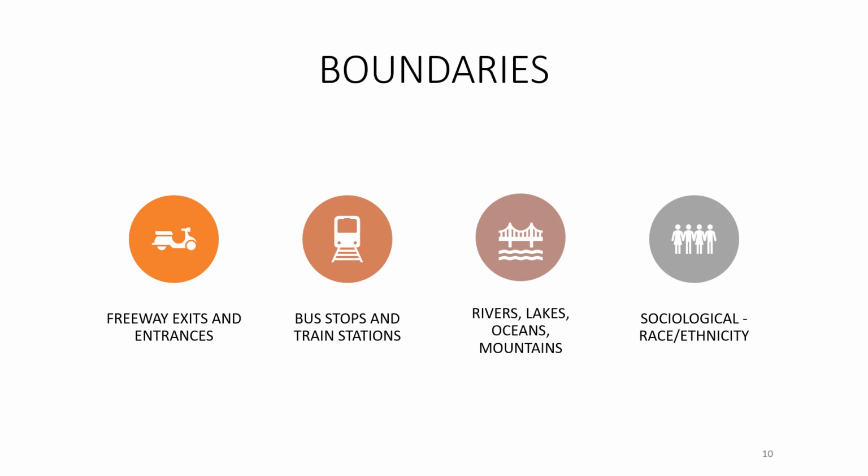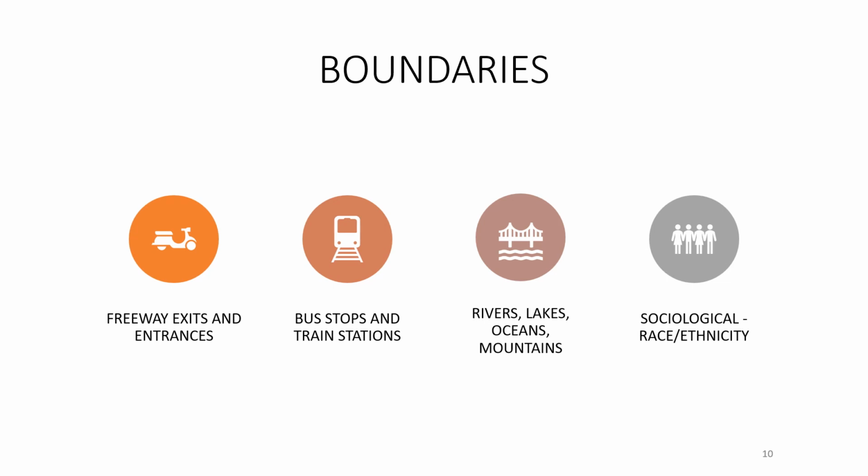Crimes will often cluster or occur around freeway exits and entrances for the reason that it is easy for the perpetrator to enter and leave to find victims and also to escape. Bus stops and train stations are also very active spots in certain areas because the perpetrator can find his or her victims and also escape.